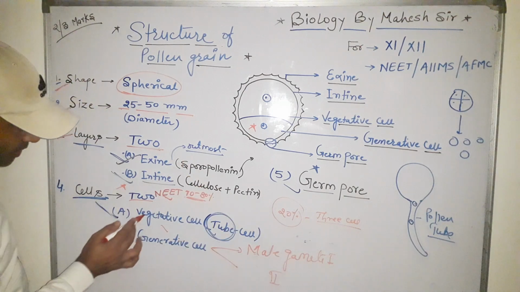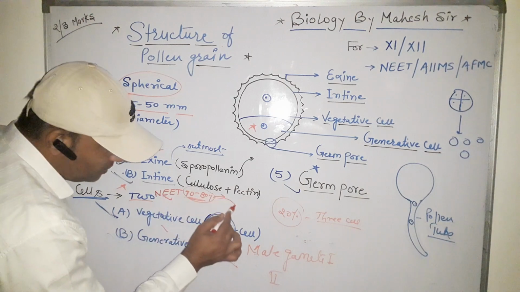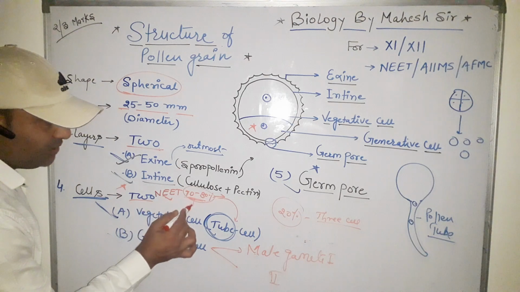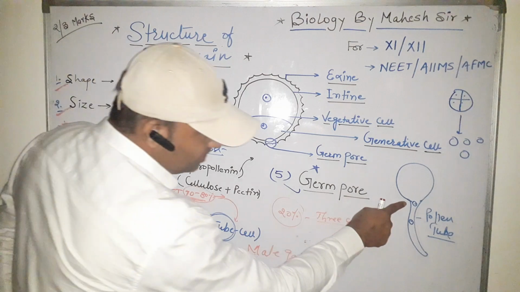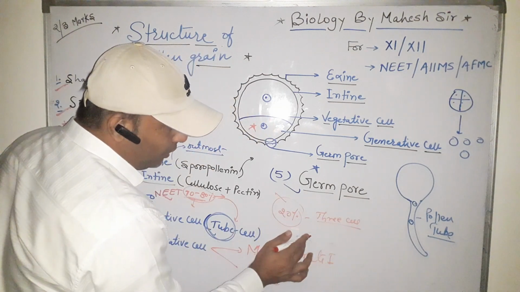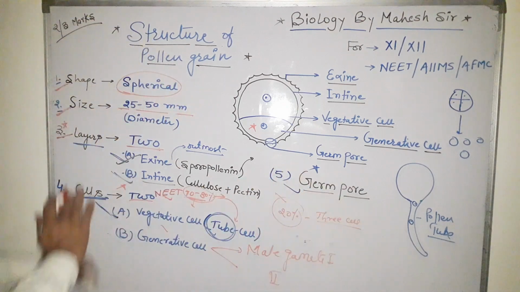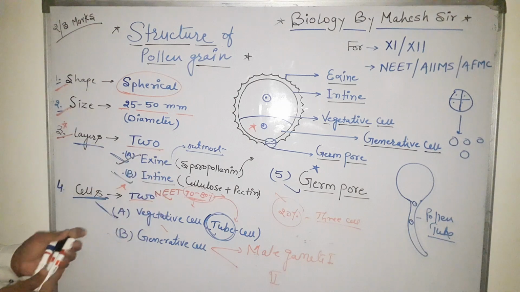Again, repeat: 70 to 80% of angiosperms produce the 2-cell stage. That means in 70 to 80% of angiosperms, the generative cell produces the 2 male gametes after the germination of the pollen grain, and in the remaining 20% it produces them before pollen germination. So it is a difference, and it is the structure of the pollen grain. So you can take the screenshot.